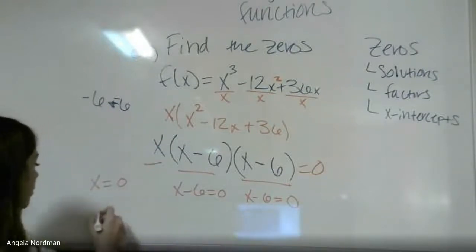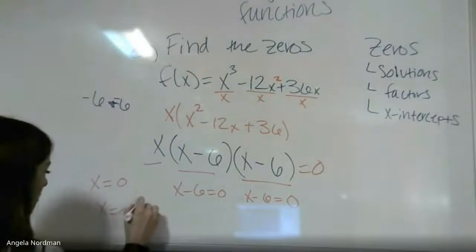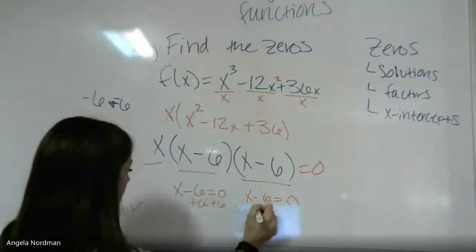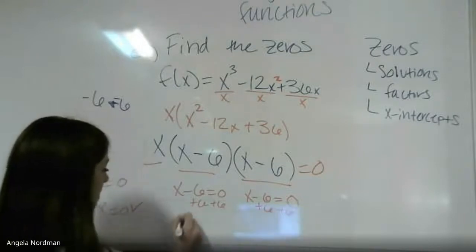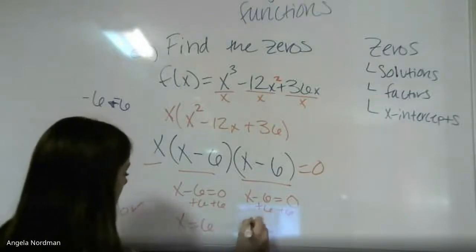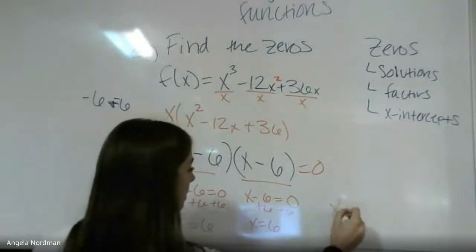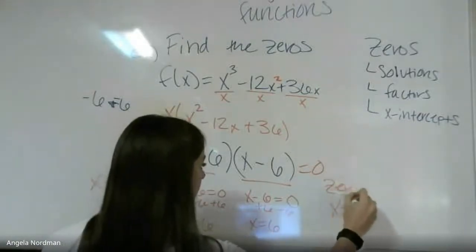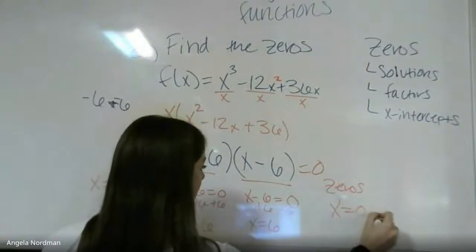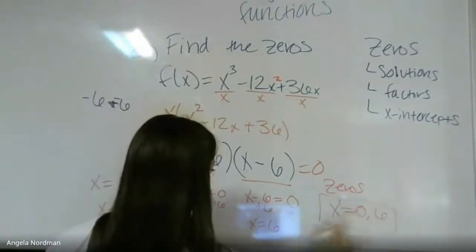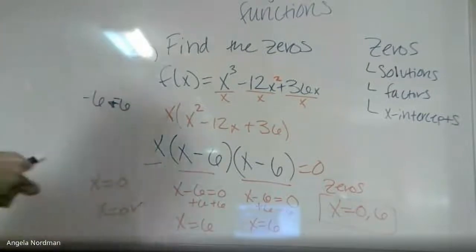So going through, x equals 0 is one, right? I'm solving for x. I add 6 to both sides, and I add 6 to both sides to give me x equals positive 6 and x equals positive 6. So all of my zeros would be x equals 0 and positive 6, and that would be my answer.